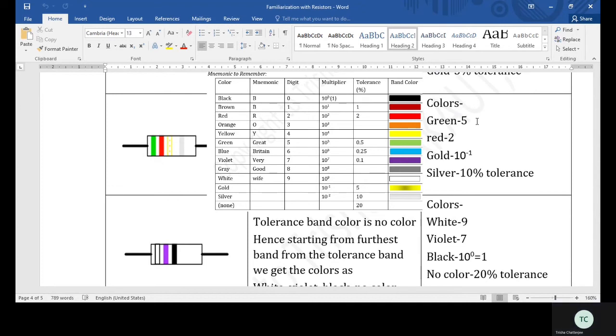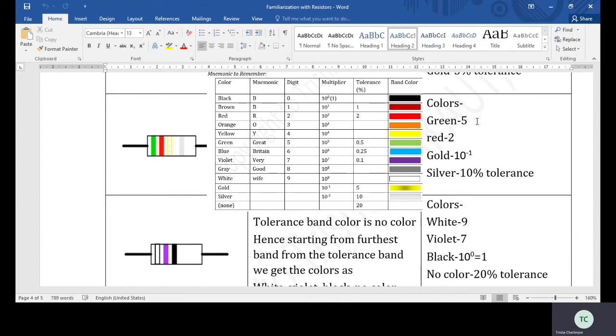Starting from 0, BBROY, Great, it is coming at the fifth position. So the digit will be 5. Red comes at the second position, that is BBR, Roy's R is our red. So the digit will be 52.